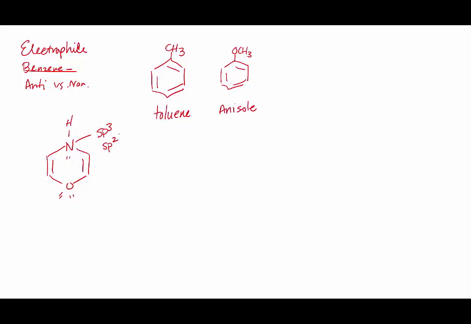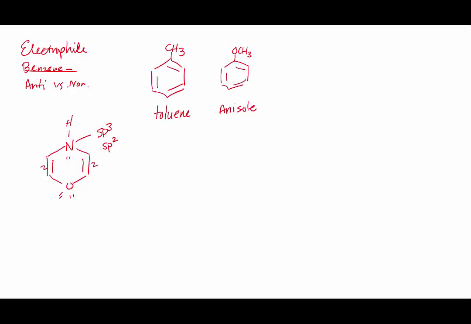So let's take the first scenario. Both of these atoms become sp2. If they do that, how many pi electrons do I have? 8. So I've got 2, 4. If this nitrogen becomes sp2, the lone pair goes into the p orbital. And if this oxygen becomes sp2, one of the lone pairs goes into the p orbital.